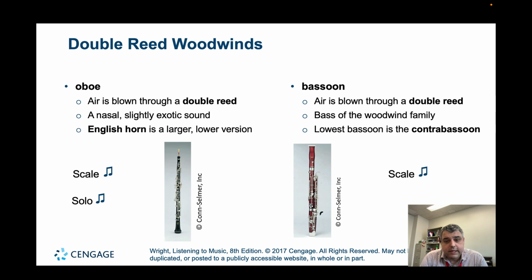The bassoon is one of the lowest woodwind instruments we have. The air is blown through a double reed as well. It's kind of the base of the woodwind family. We also have another instrument called the contrabassoon, a larger version of the bassoon, and that's going to be the lowest of the wind instruments. So let's listen to the scale of a bassoon.